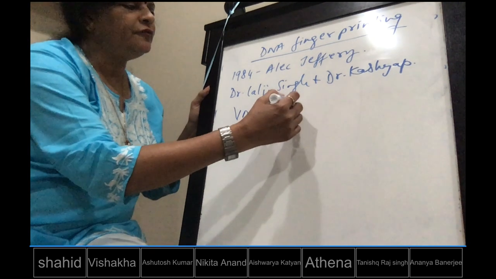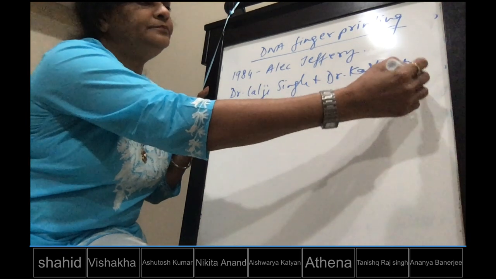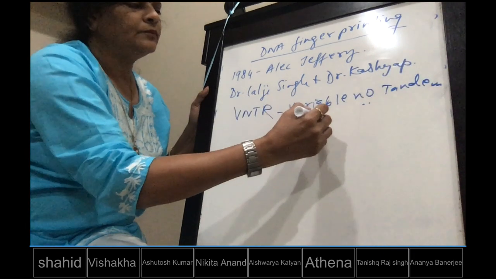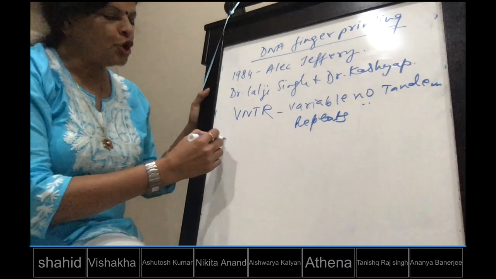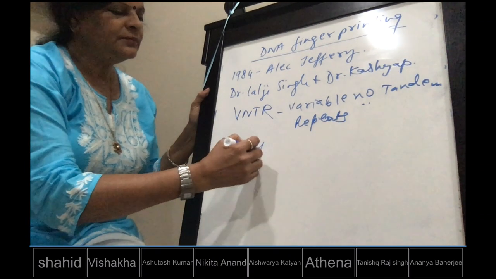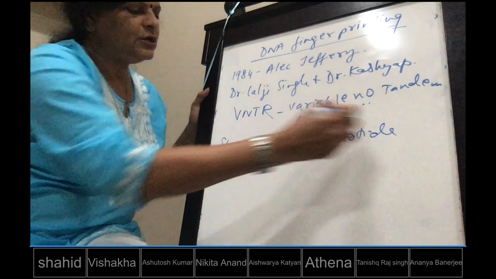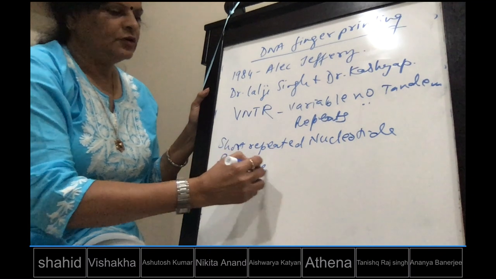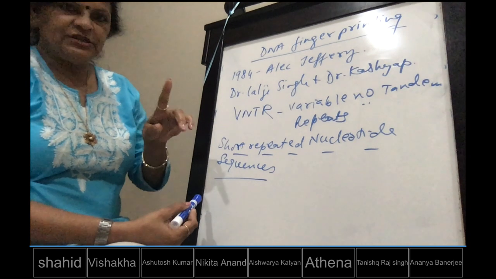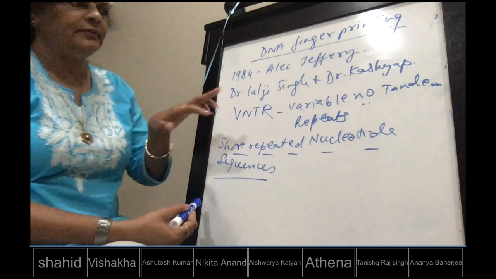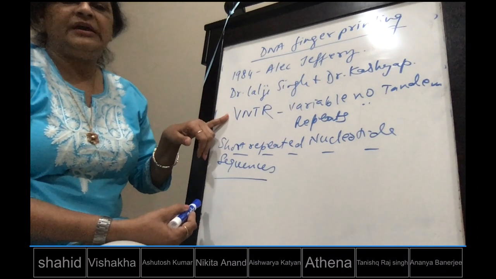VNTR. What is VNTR? Full form is variable number tandem repeats. They are basically short repeated nucleotide sequences. Two marker question. What is the full form of VNTR? Variable number tandem repeats. What is the meaning of VNTR?